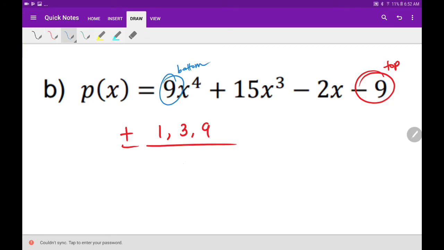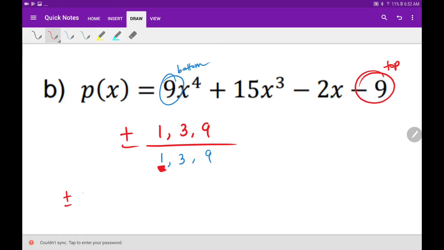And the factors of 9 again are 1, 3, and 9. So remember, we have to do the combination of each of these with each denominator. So we'll start with 1 and then go from there. We'll start with this one. I like to underline what I'm working with at the moment.